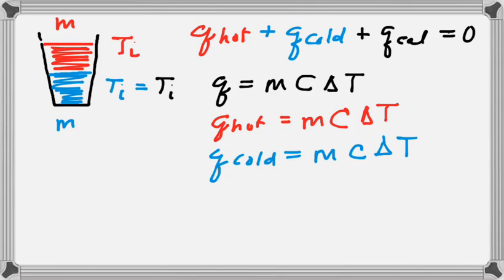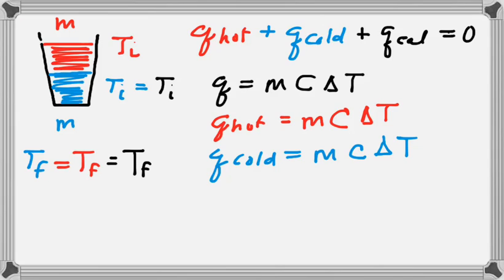What is the final temperature? Well, the final temperature is going to be the same for all of them because they're going to go to the same temperature. So T final for the cold water equals T final for the hot water equals T final for the calorimeter. So the final temperature for all of these is going to be the same.